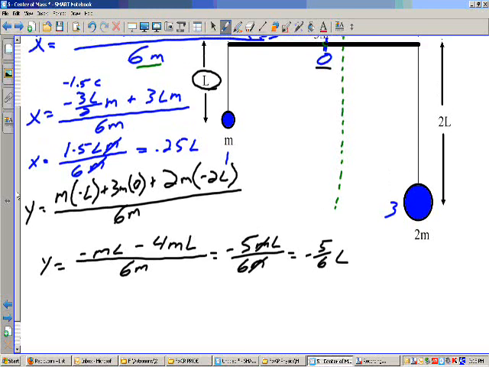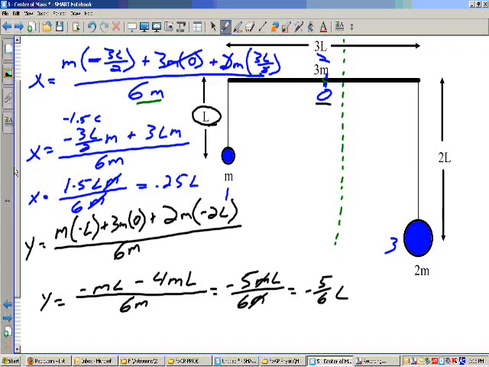So my center of mass coordinates for this system, for these two spheres and this rod, are x is 0.25 L, y is negative 5/6 L. I said my dotted green line is about my x-axis, and if I go negative 5/6 down, it's going to be right about there.